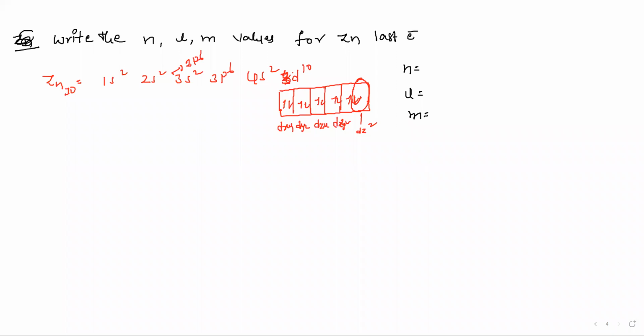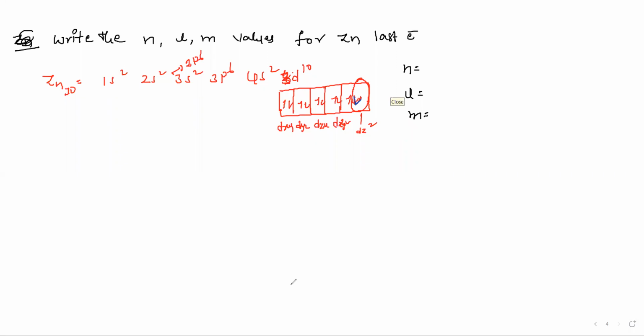Okay, no one is giving an answer. Did you understand the question first? For this electron, we have to write the quantum numbers. These electrons are present on which shell? N is equal to 3. What about the L value and M value?